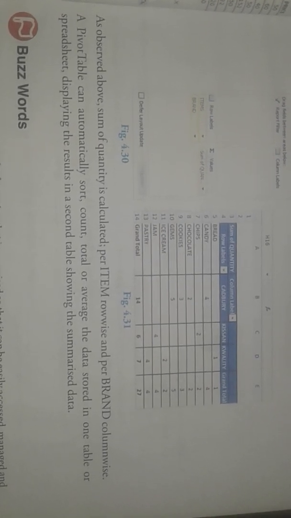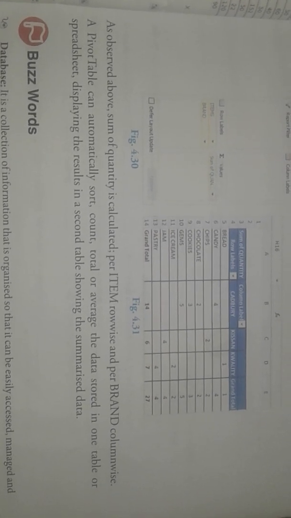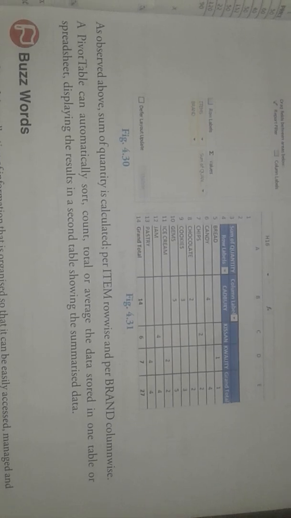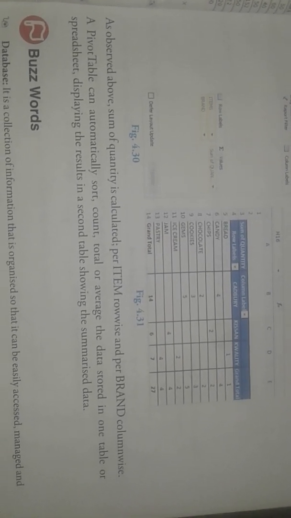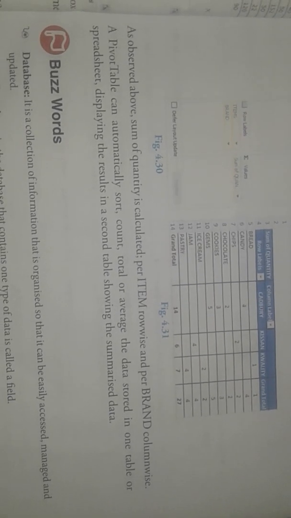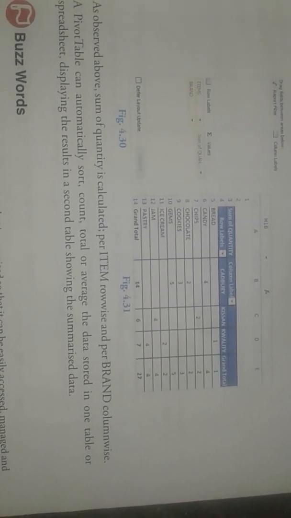Drag items to row labels, brand to column labels, and quantity to values. This can be rearranged in any way. The result of the arrangement will be shown in figure 4.33, like this.